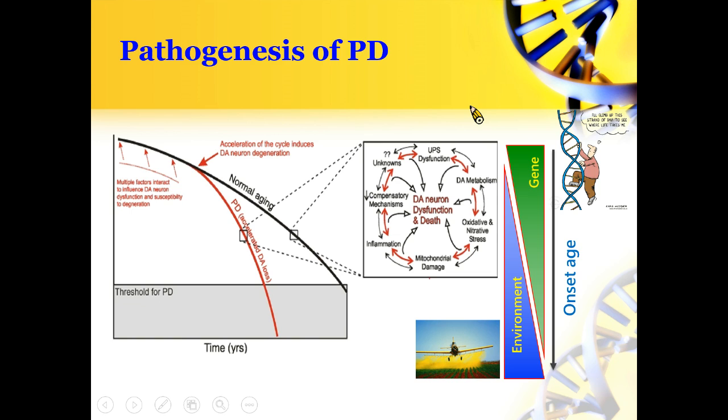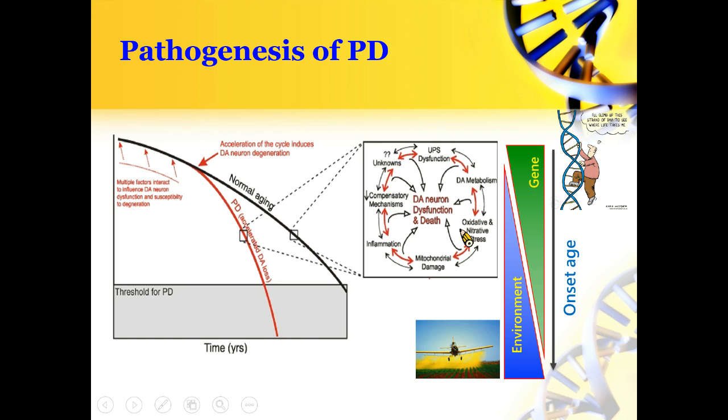The pathogenesis of PD is thought to be complex interactions between genetic and environmental factors inducing several cellular and molecular mechanisms, including ubiquitin proteasome dysfunction, mitochondrial damage, neuroinflammation, oxidative and nitrative stress, and dopamine metabolism.